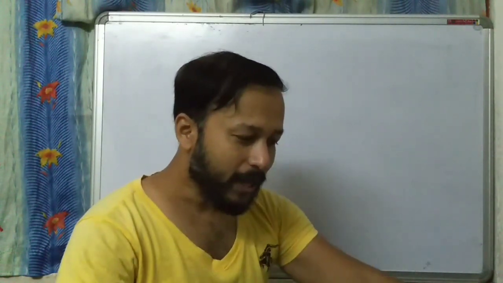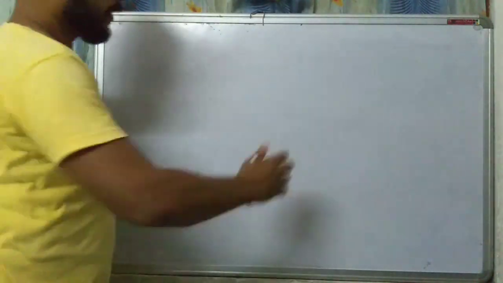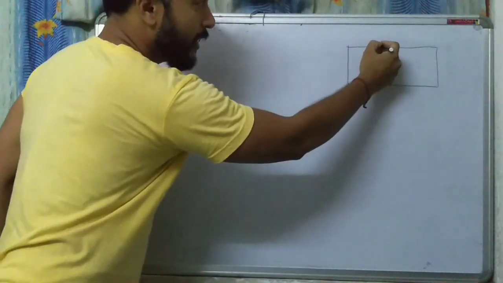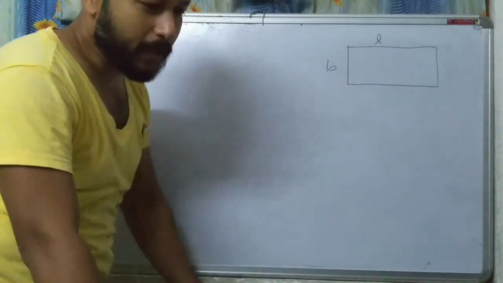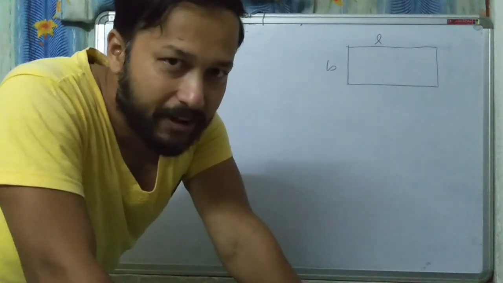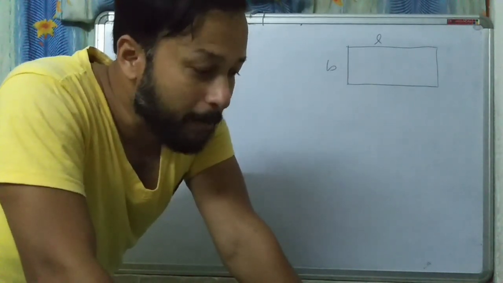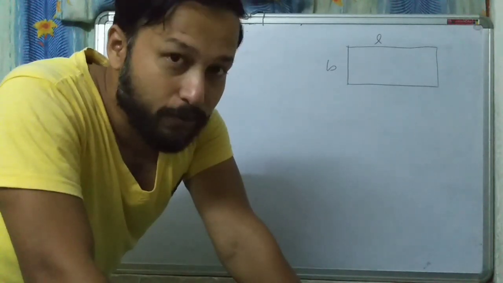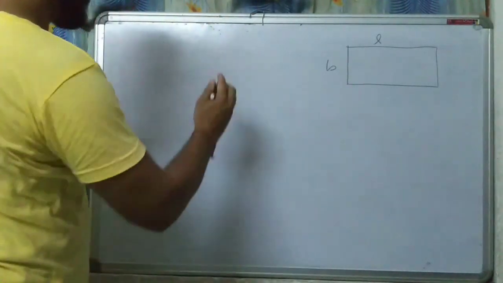Question number 3. The length and breadth of a rectangular plot. Again a rectangular plot is given. Let us draw it. Length, breadth. But here length and breadth are not given. Their ratio is given, means length is to breadth equal to 4:3.